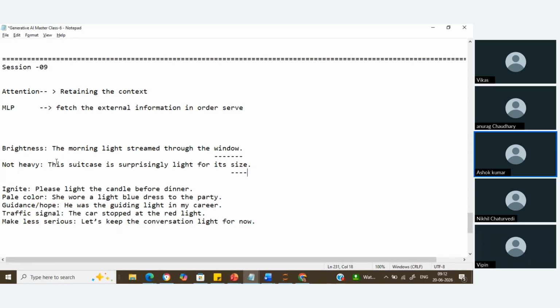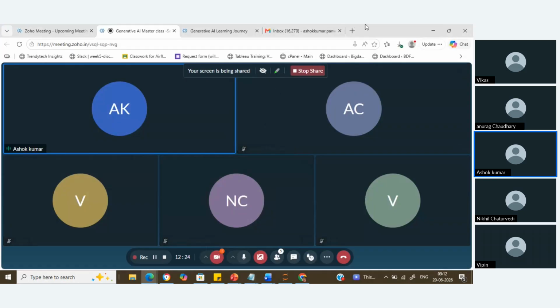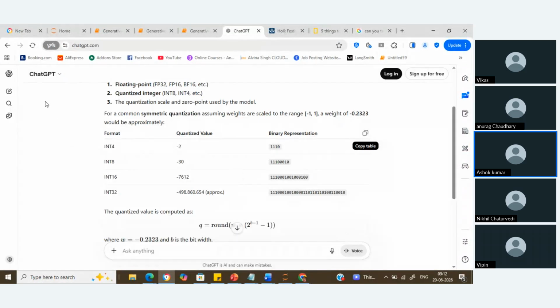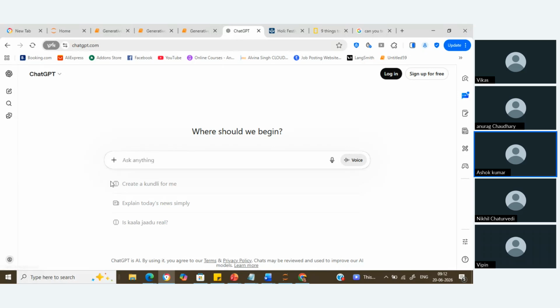Let me copy this sentence and paste it over here in ChatGPT. Let me start a new chat and ask what can be the answer over here.